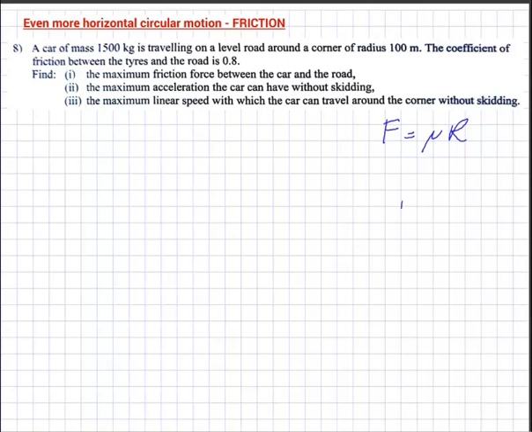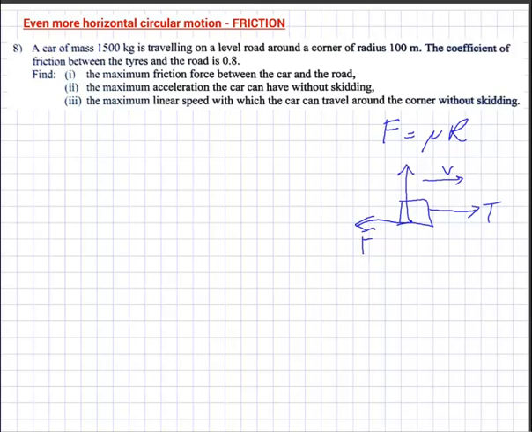If an object is being pulled, dragged or pushed, the friction acts in the opposite direction to the direction of travel. So something might be pulled along with the tension of a string, and the friction acts in the opposite direction. That friction is calculated by mu multiplied by the reaction.